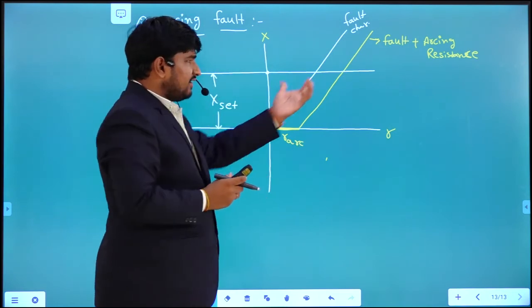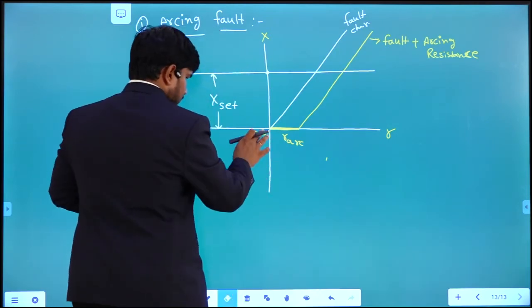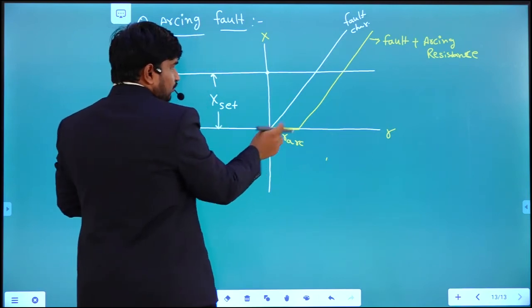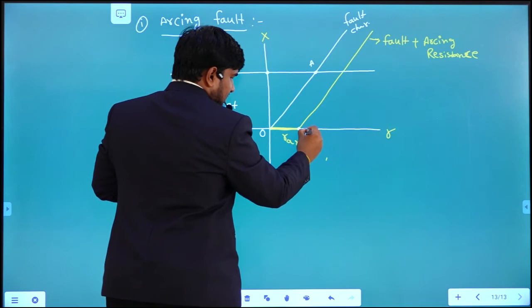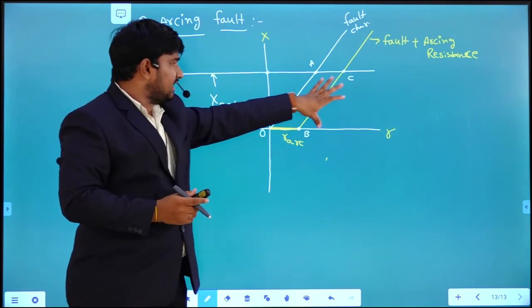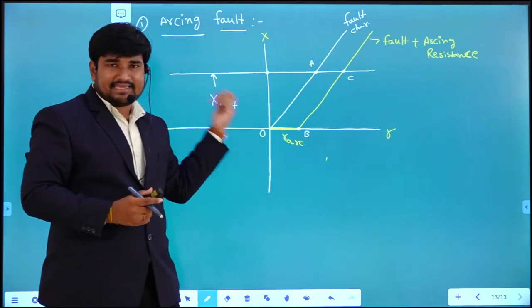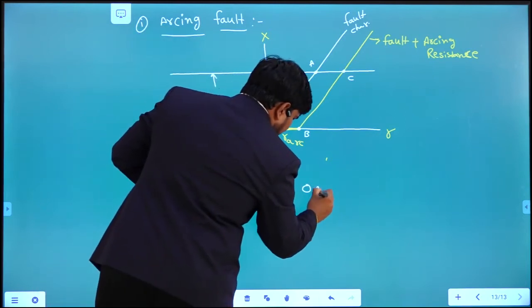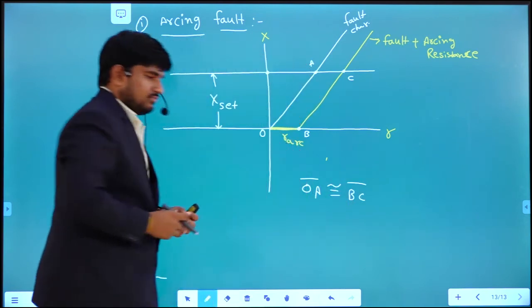Now if you observe here, let me indicate some notations: O, and this is A, along with R, this is B, and this is C. If you observe this graph, the reach of the fault characteristics without arcing and with arcing is the same. That means the distance OA is approximately equal to BC, right?